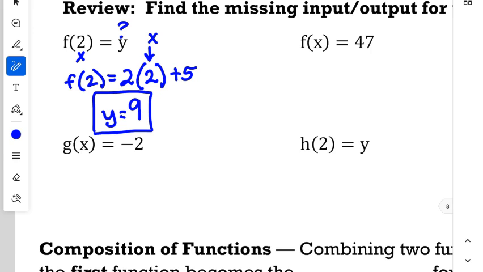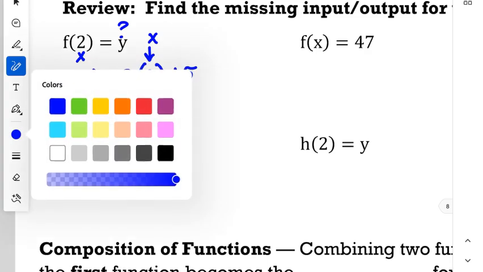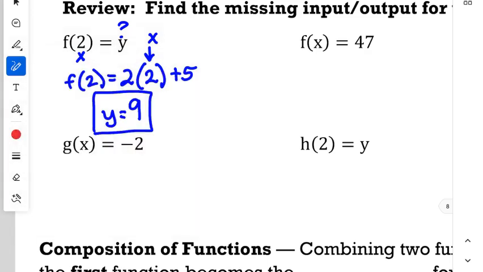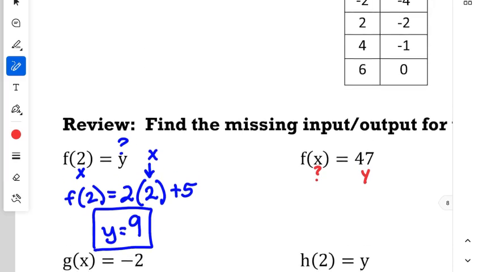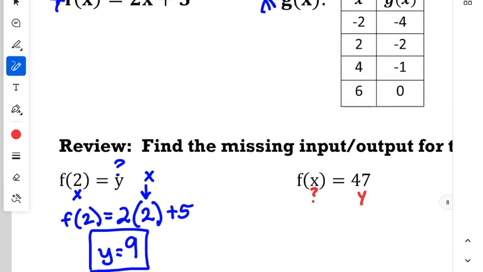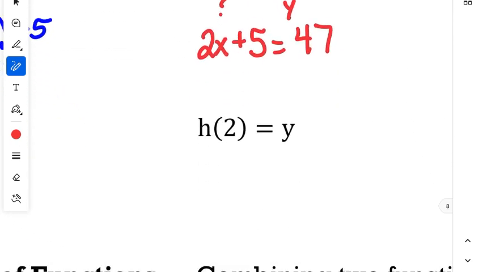Okay, the second one says f of x equals 47. So we don't know what x is. So I'll put a little question mark on x. But we know what the output is. So we know what y is. So if I don't know what x is, but I know what y is, or what f of x is, I can set these equal. F of x is 2x plus 5. And we know it's going to equal 47 as our output.